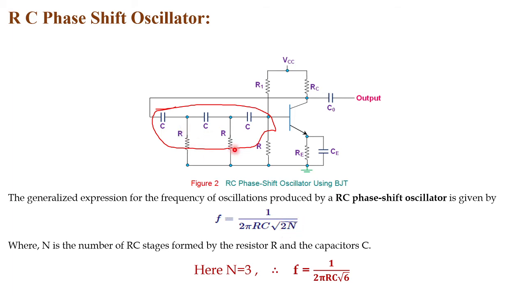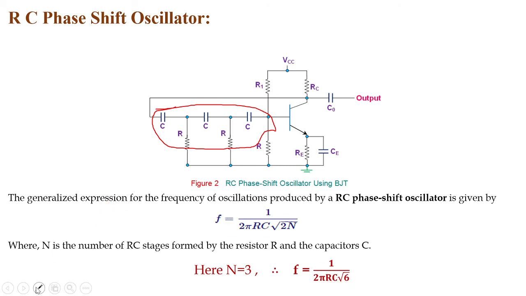Here we have taken 3 RC networks, so N equals 3, and 2 into 3 is 6. So the frequency of this RC phase shift oscillator having 3 RC networks in feedback is 1 upon 2 pi RC into root 6.